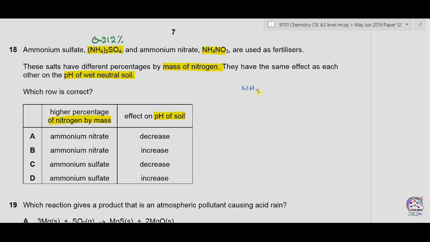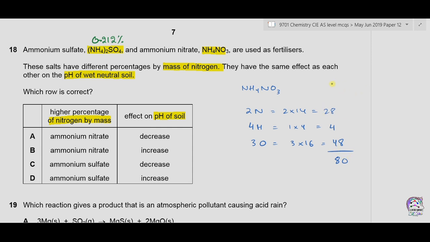We have NH4NO3, 2 nitrogen atoms, so 2 into 14, 28, 4 hydrogen atoms, 3 oxygen atoms. So the molecular mass comes equal to 80.